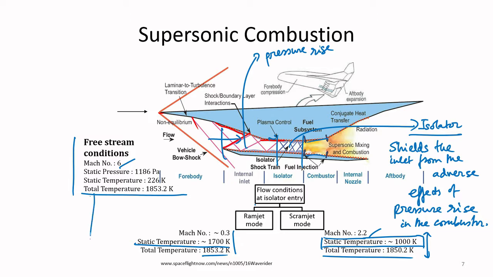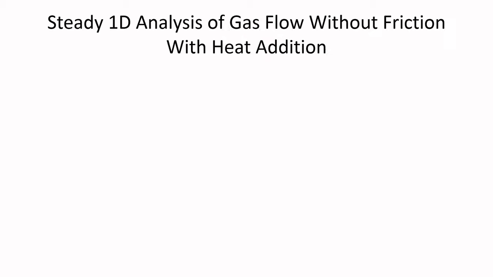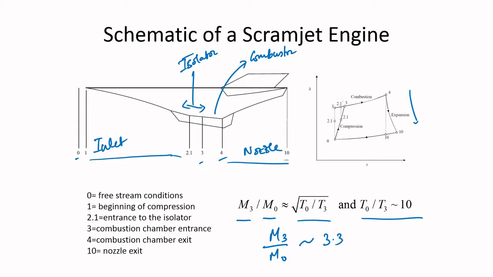The only thing that remains constant is the total temperature, the stagnation temperature, but the static temperature increases because of the compression action, and now you have to consider this combustor. So, this is the scramjet, how the combustor is integrated into the scramjet engine, and these are the basic operations of the scramjet engine.